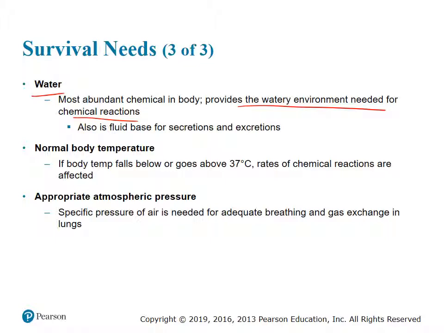We're made mostly of water, which is kind of a weird thing to think about. But this watery environment is perfect for a lot of things, including chemical reactions. And this environment is needed for those chemical reactions to occur, right? If we don't have this water area where the chemical reactions can occur, then those chemical reactions will not occur.